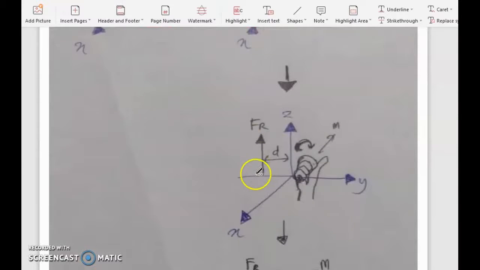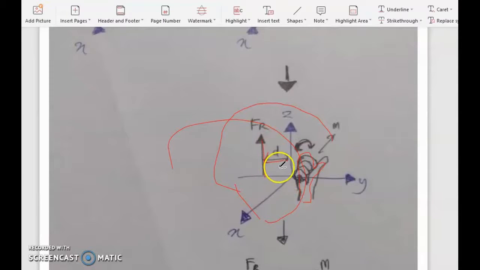You can represent this model with your right hand rule like this. This is your resultant force and this is your d.